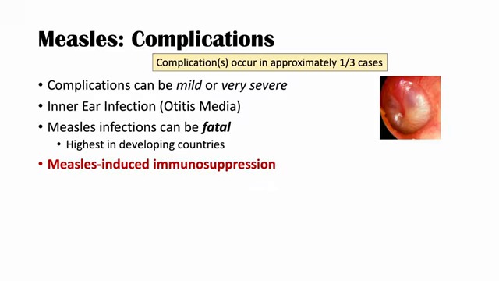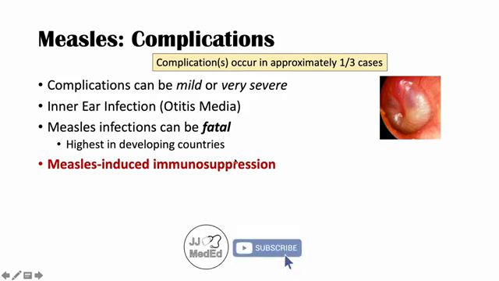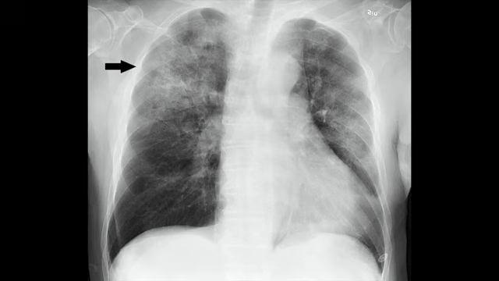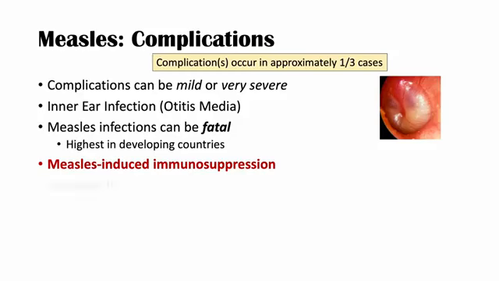This is tied in with inner ear infections. So the immunosuppression from the measles can lead to infections with some bacteria like Streptococcus pneumoniae, Haemophilus influenzae, or Moraxella catarrhalis, leading to inner ear infections. It can also lead to infections like pneumonia. So the immunosuppression from a measles infection is very important.